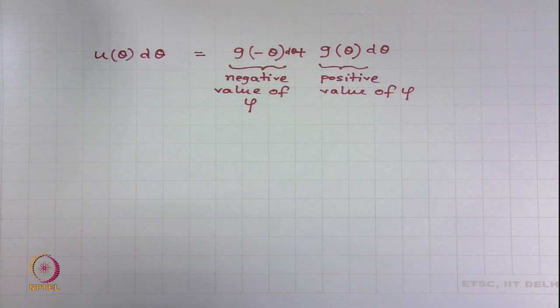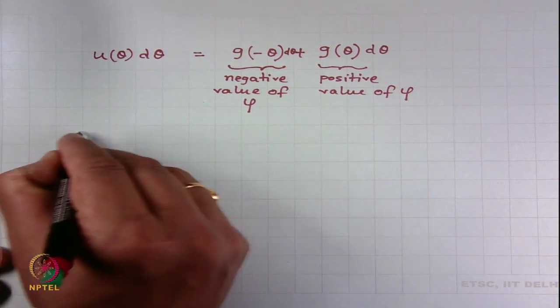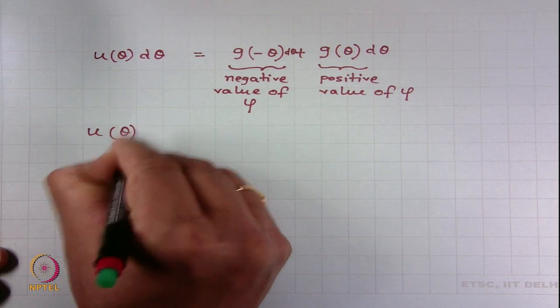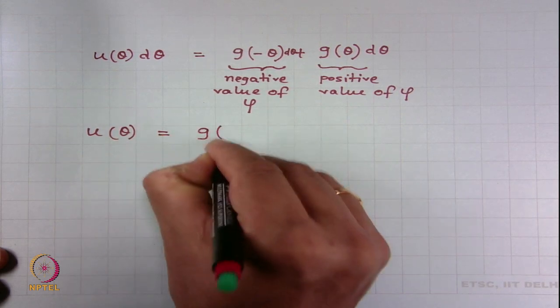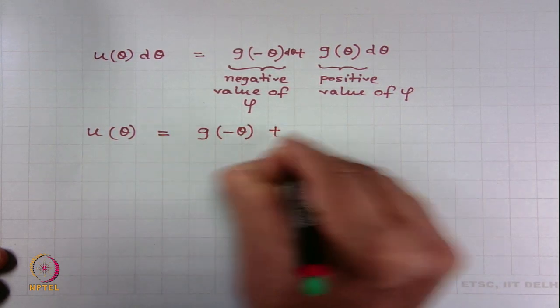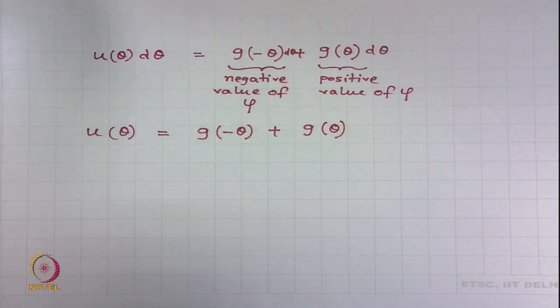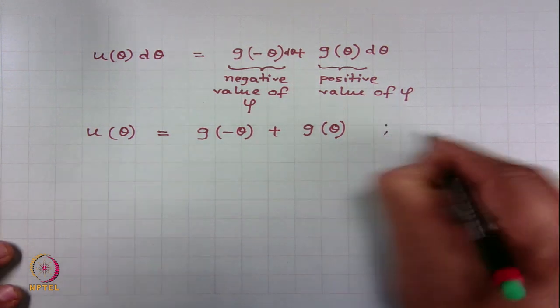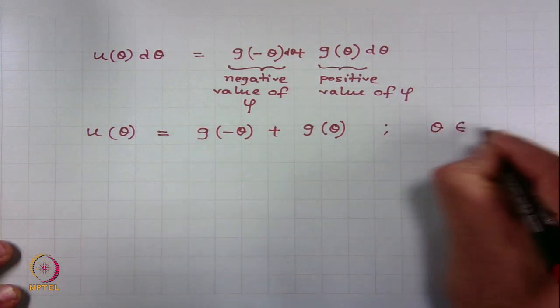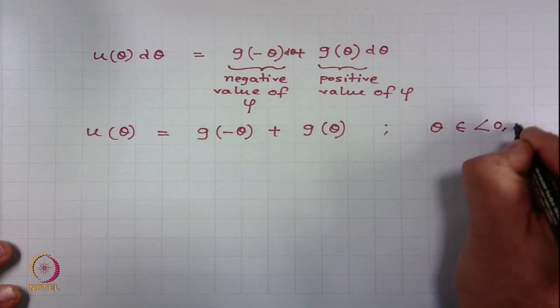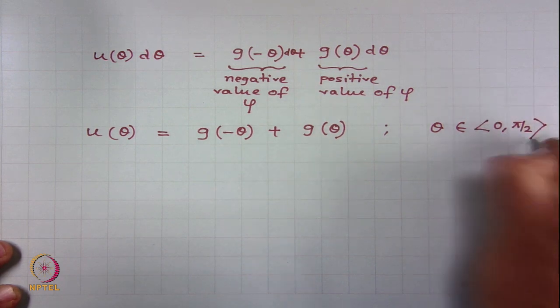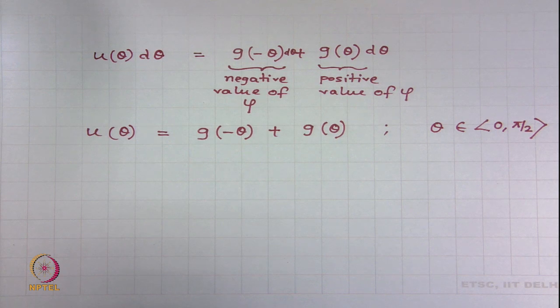Okay. So, u theta is equal to g of minus theta plus g of theta. Then in that case theta lies from 0 to pi by 2 closed interval, right.